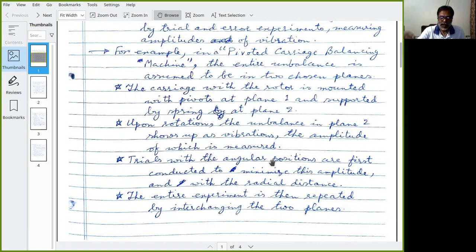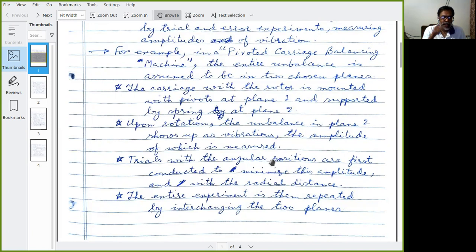Along a circular track, you put the same balancing mass at several places: 0 degree, 5 degree, 10 degree, 12 degree, 15 degree, 20 degree, and then adjust a little bit here and there. And you try to get the amplitude minimum by adjusting the angular position of the balancing mass. Once you have found the angular position, putting the balancing mass at the fixed position, you get the minimum amplitude.